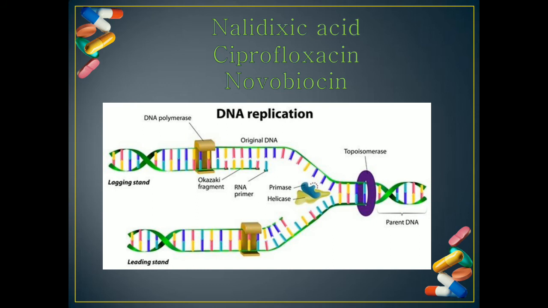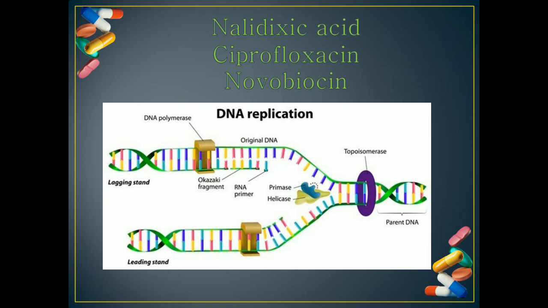The moment they bind to these molecules or enzymes, the function of that enzyme is hindered and the organism is unable to continue with DNA replication. Obviously, if there is no replication of DNA, there is no progeny and we don't get new organisms, so the pathogen's growth is affected.